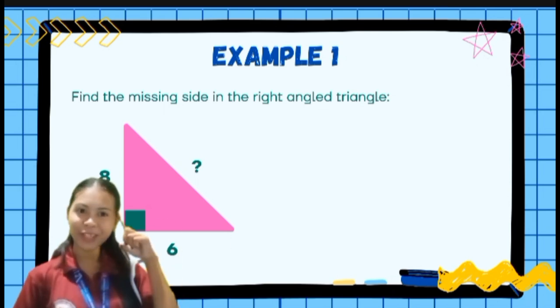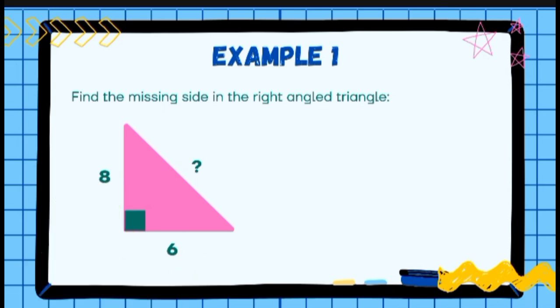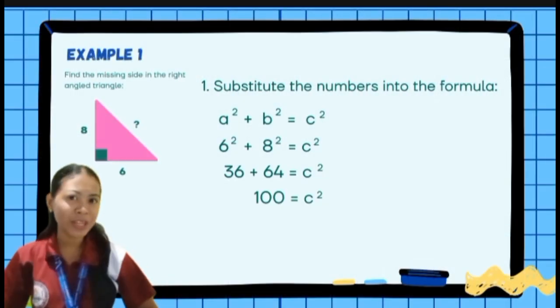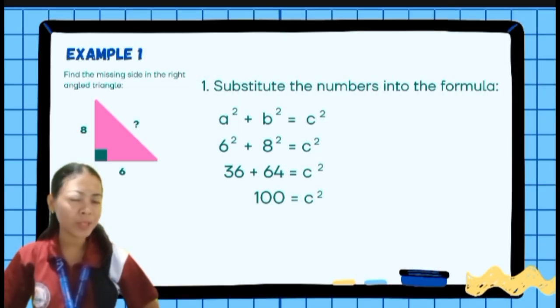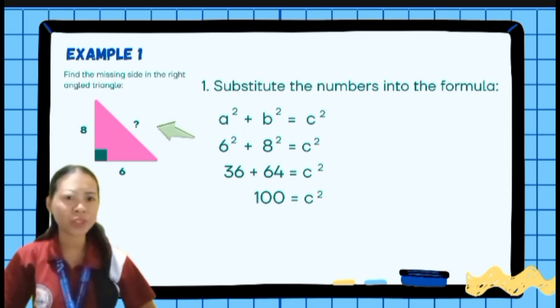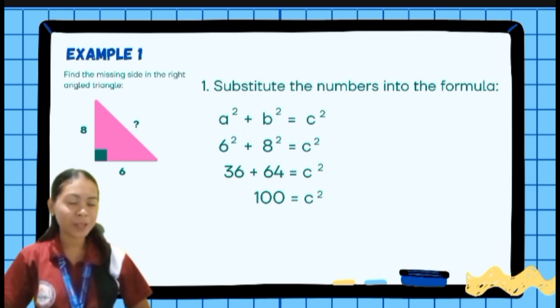So let's try to apply it. Here's example number 1. As you can see on the board, we have a triangle with two sides already given. One side is 6 units long and the other side is 8 units long. We need to find the length of the third side. To solve this, we'll use the Pythagorean theorem.